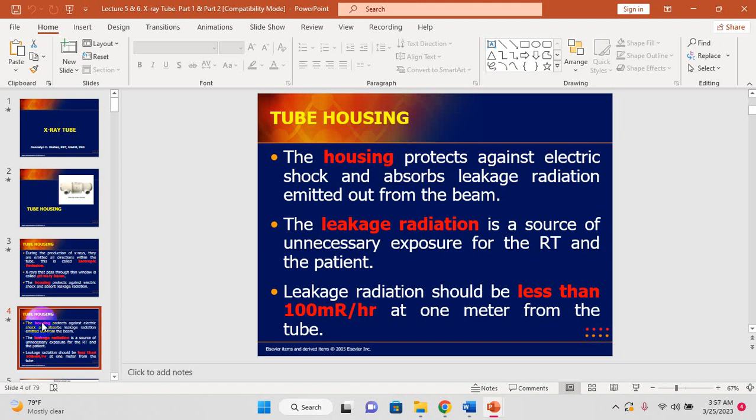Leakage radiation should be less than 100 milliroentgen per hour at 1 meter from the tube. More than that is hazardous for both the patient and the rad tech, and it should be calibrated.